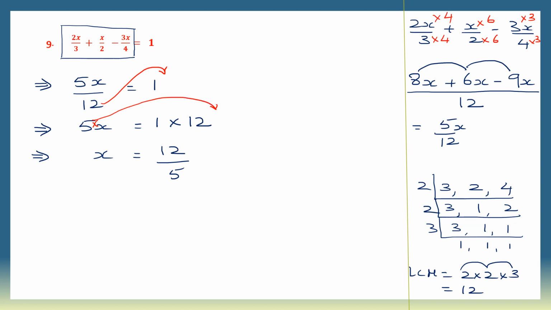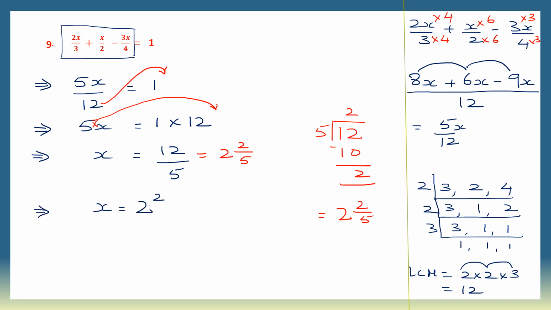It has become division. Now we have 12 by 5. Let's work that out. 12 by 5. 5 2s are 10, minus 2. So let's make this a mixed number. 2 2 by 5. So now we have found the value of x. X is equal to 2 2 by 5. So this is our answer.